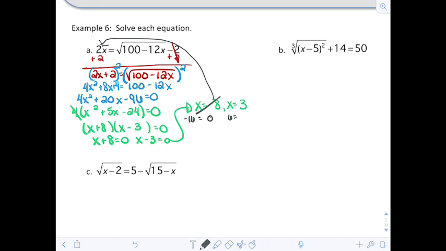Take the square root of that, which is 8, and 8 minus 2 still is 6. So my only solution is x equals 3 for this one.